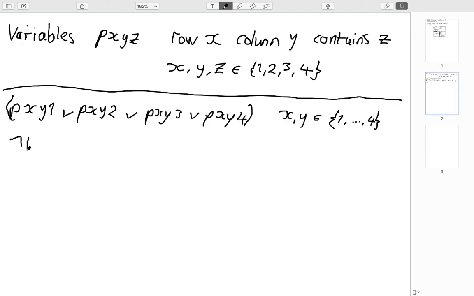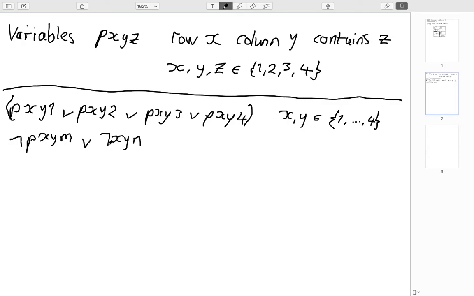So we can say that by saying either the square at x y is not m, or the square at x y is not n.